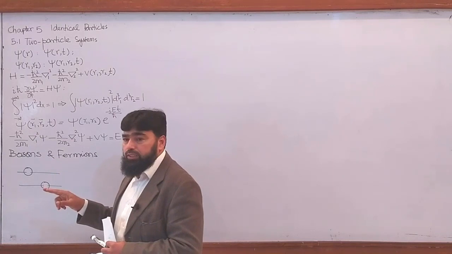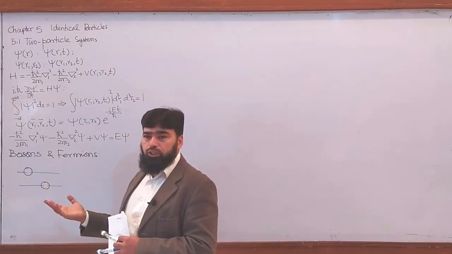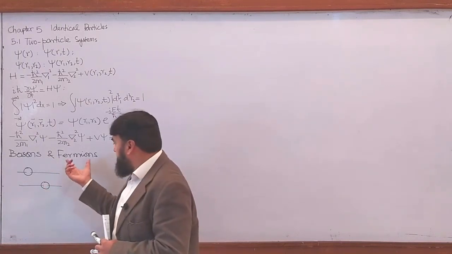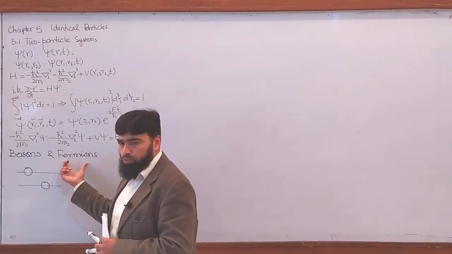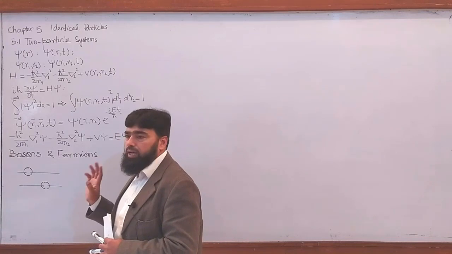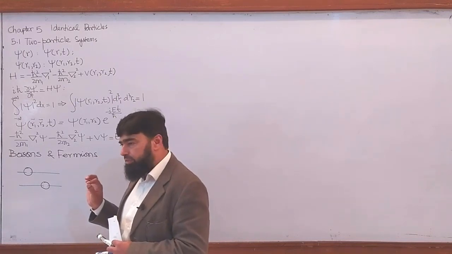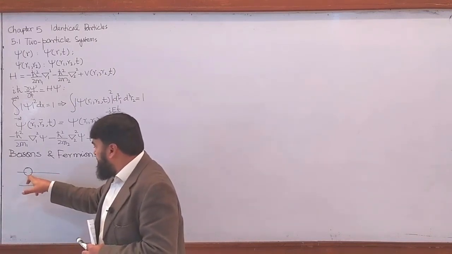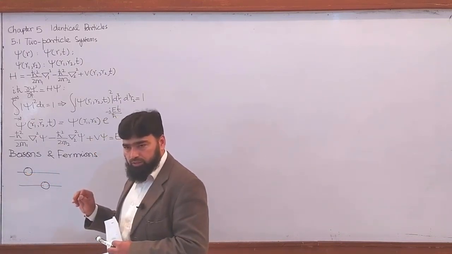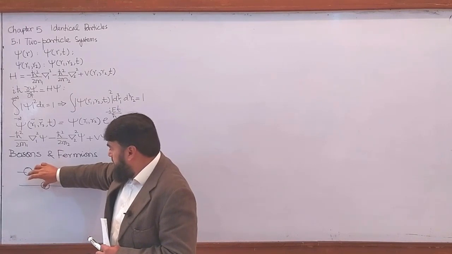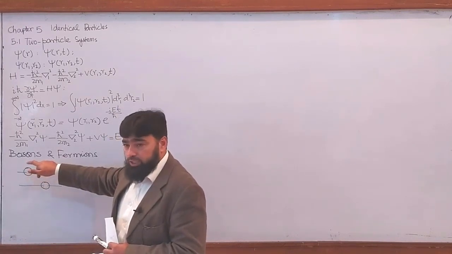Now if I impose another condition on these particles, let's say these are fermions, like electrons. Consider they are electrons. Now if I place one electron here and one electron here, and I switch them, they are identical.